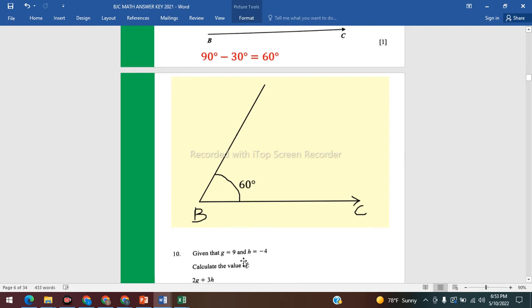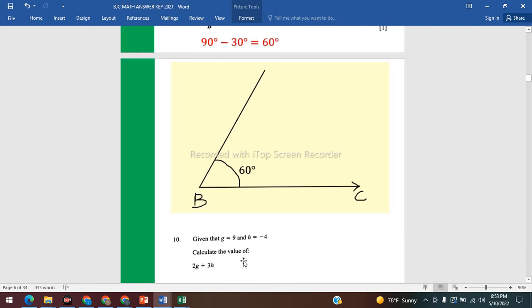Anyone want a second 30? No. Come on, it can't take us that long to do 2G plus 3H.